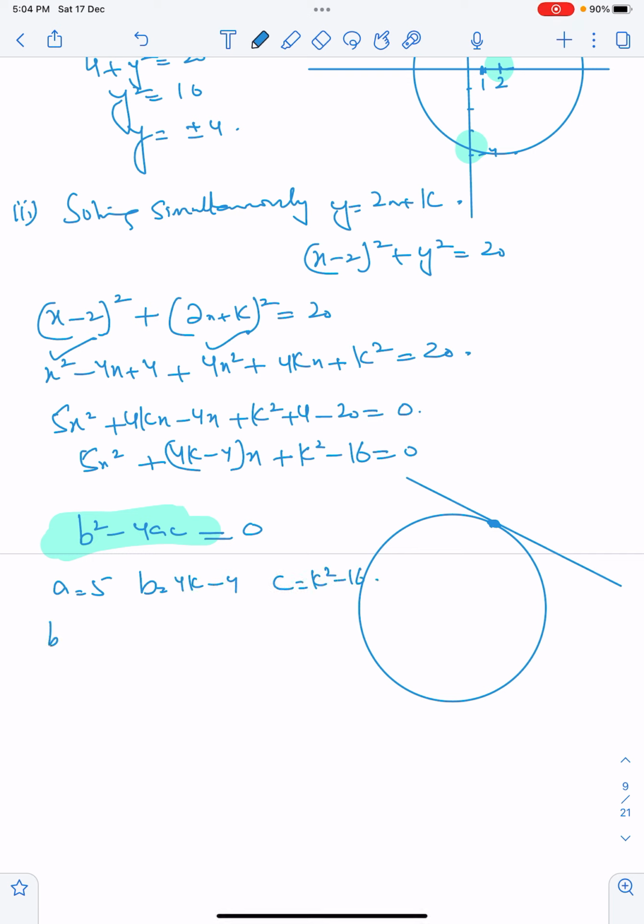b square, (4k minus 4) square minus 4ac equals 0. Minus 2 into 4 is 8, 8 into 4 is 32, plus 16.